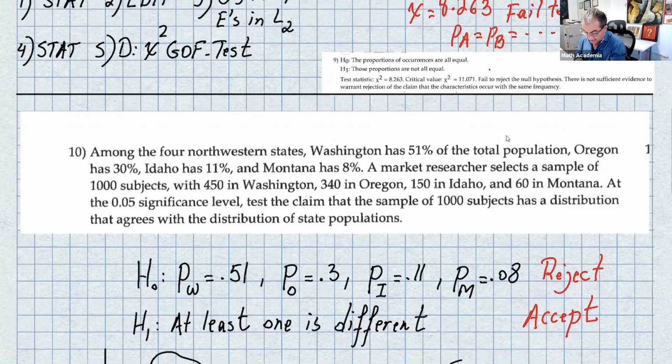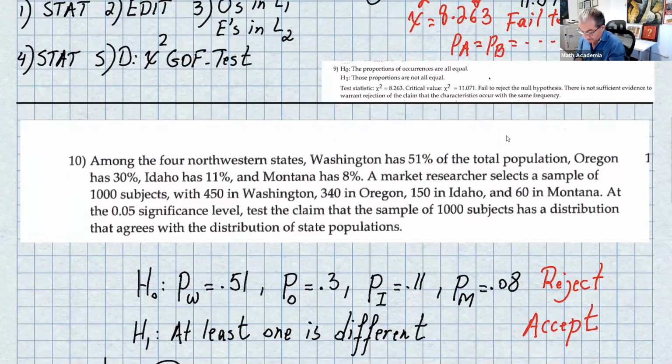Number 10: among the 4 northwestern states, Washington has 51% of the total population. Oregon has 30%. Idaho has 11%, and Montana has 8%. A market researcher selects a sample of 1,000 subjects with 450 in Washington, 340 in Oregon, 150 in Idaho, and 60 in Montana.